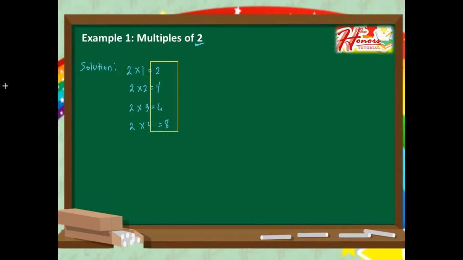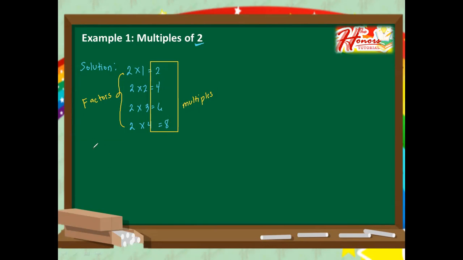So this is the multiples part. How about 2 times 1, 2 times 2, 2 times 3, and 2 times 4? These are what you call factors. So multiples are the result of multiplying the factors. That is 2, 4, 6, and 8.